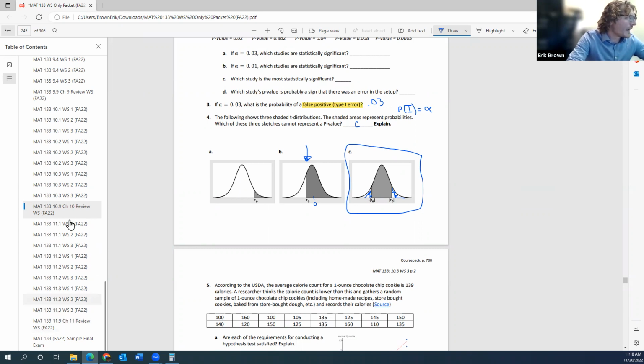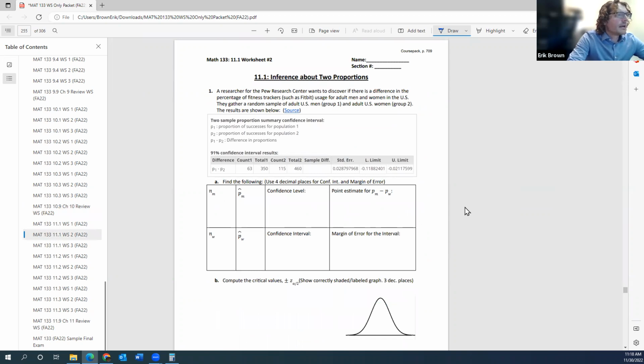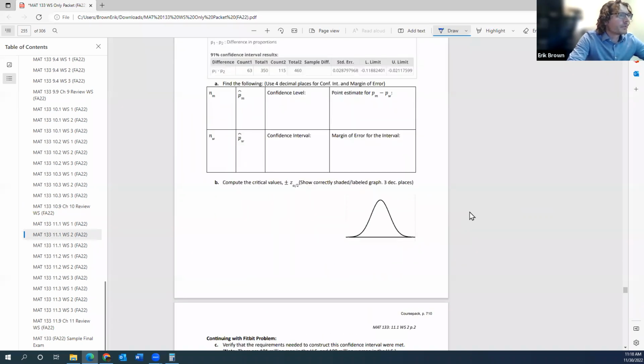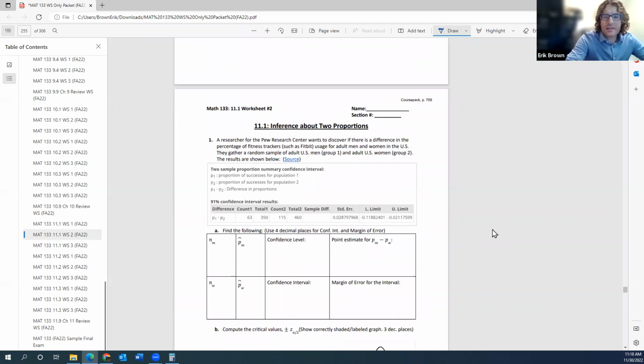Okay. So 11.1 worksheet number 2. I like this starting spot because what gets challenging with chapter 11 is that we now double all of the information because we're working with 2 samples.